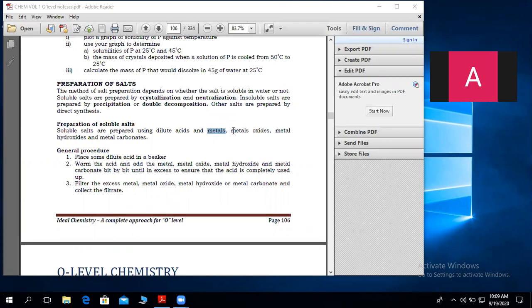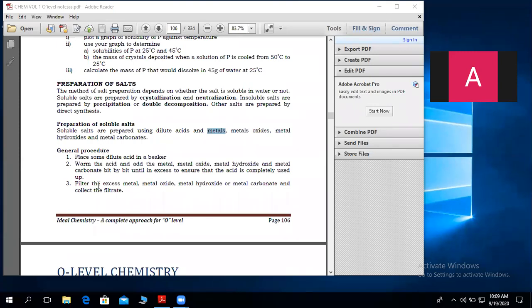Or you can get copper 2 hydroxide and you add sulfuric acid. There still you are going to get copper 2 what? Sulfate. Or you can get copper 2 carbonate and you add sulfuric acid. Still you are going to get copper 2 sulfate.